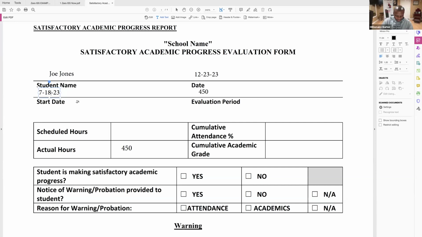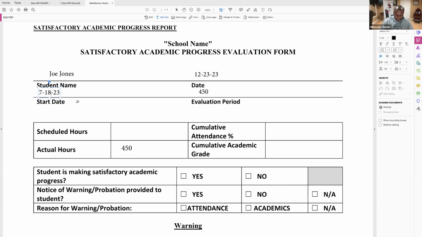October the 3rd, 12. October the 10th, 13. October the 17th, 14. October the 24th, 15. October the 31st, 16. November the 7th, 17. November the 14th, 18. November 21st, 19. November 28th, 20.